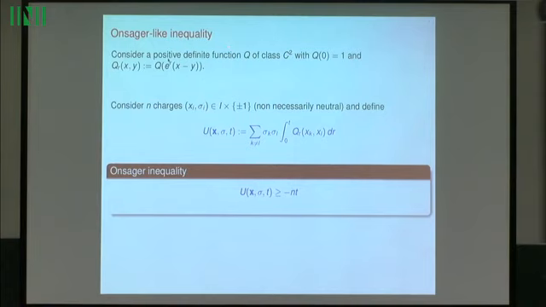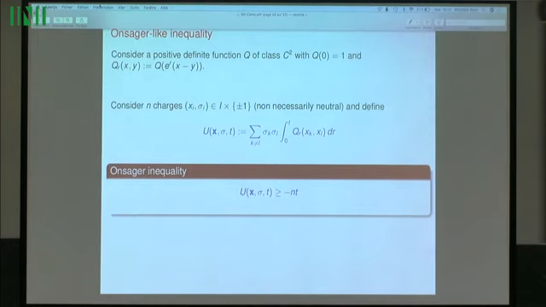Let me simplify a bit the framework. Let's take Q here just equal to some function of, well, let me take the simple situation where Q is given by some given function Q to this exponential term here. So for instance, Q can be exactly the Gaussian kernel. Okay, so take a configuration of n charges which are in your interval.